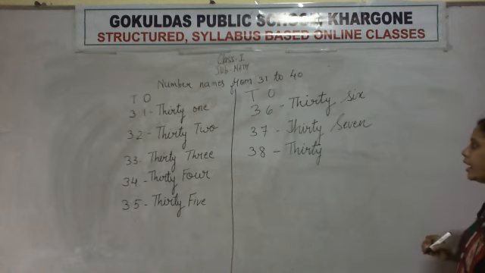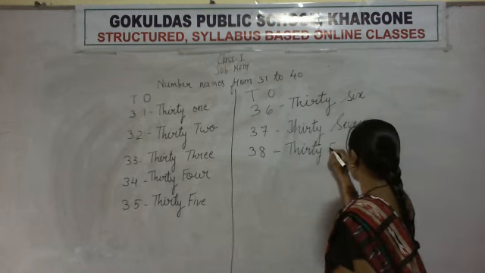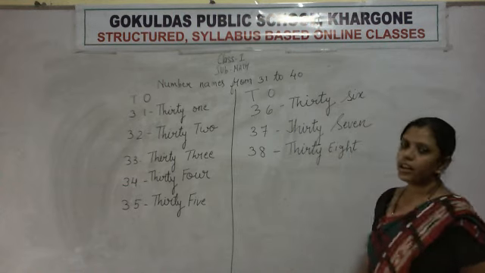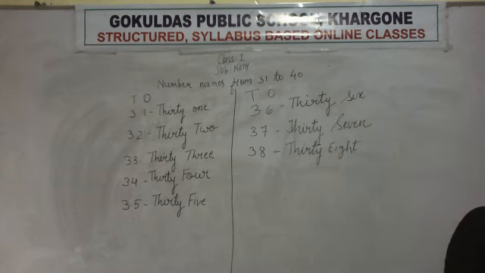And the spelling of 8? EI. Very good. Repeat. GHT. 8. 38. 38. Right? Copy it fast.